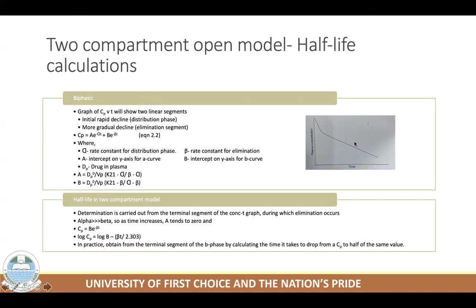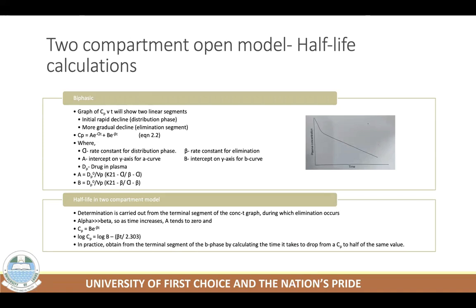Okay, and so it's important that you note that the apparent volume of the central compartment is denoted as Vp, which you can see here, while the apparent volume of the tissue compartment is denoted as Vt. You're going to see that shortly.